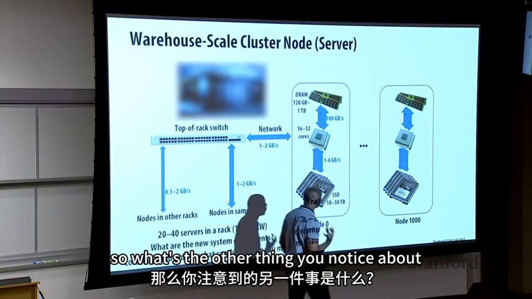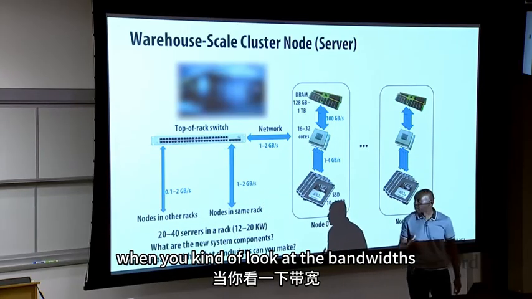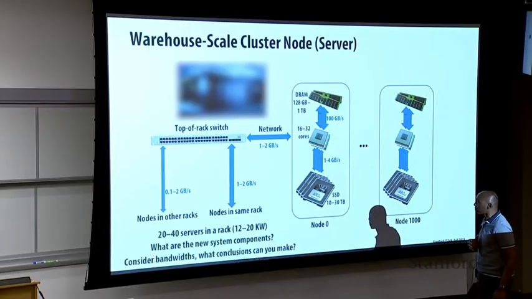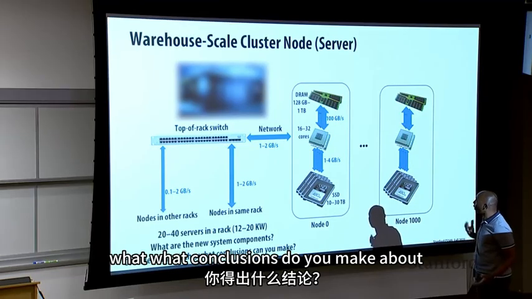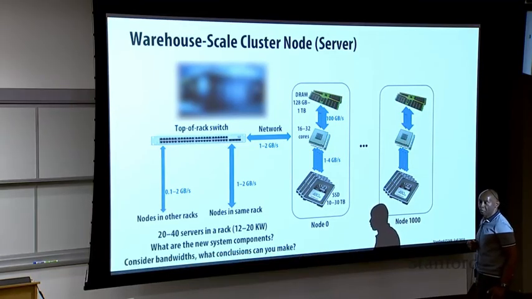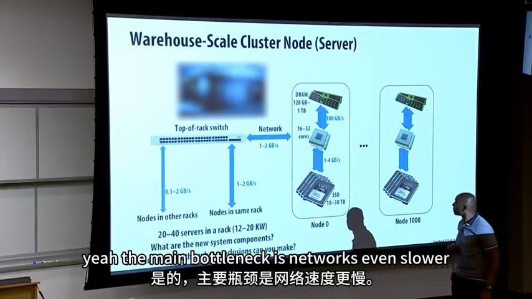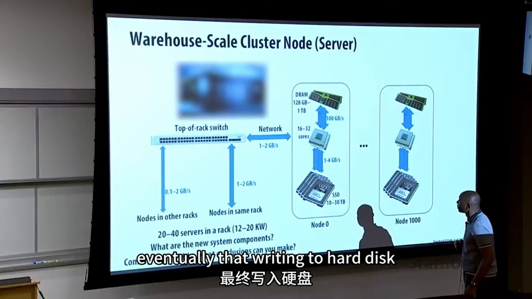So what's the other thing you notice when you look at the bandwidths that are shown in this diagram? What conclusions do you make about the bandwidths that we see in this picture? Yeah. The main bottleneck is networks. It's even slower, potentially, than writing to hard disk. Right.